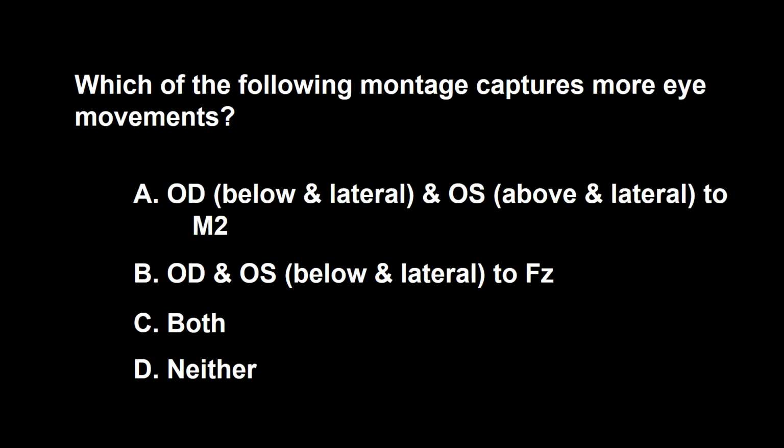Next question. Which of the following montages captures more eye movements? A. OD, below and lateral, and OS, above and lateral to M2. B. OD and OS, below and lateral to FC. C. Both. D. None.